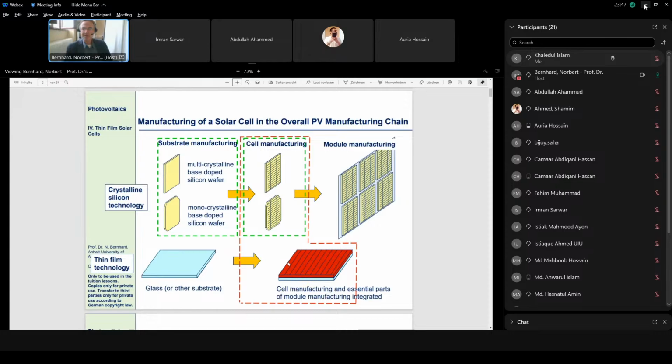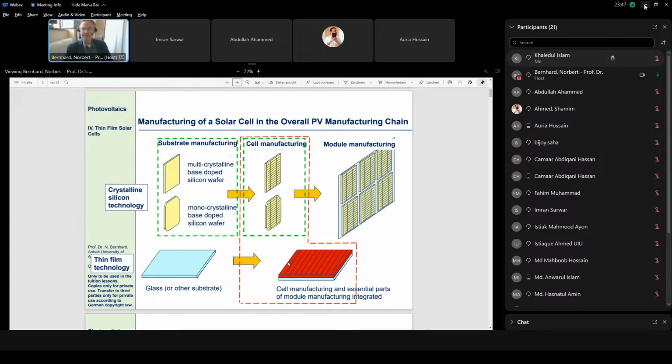It looks better for the copper indium gallium diselenide, which are the full circles, you see, and with the full circles we really reach efficiencies above 20%. And the yellow filled circles, these are the cadmium telluride. You see, they are not so much worse.